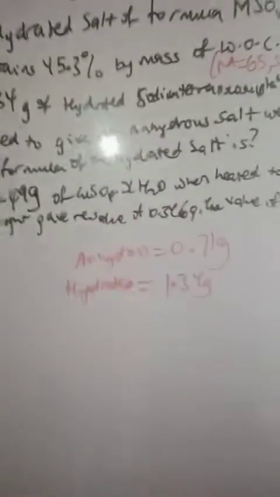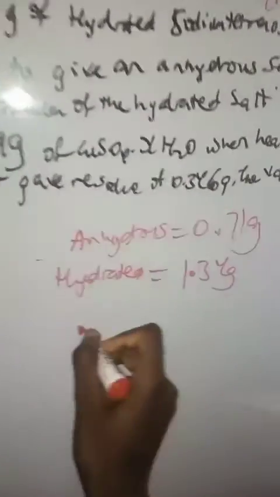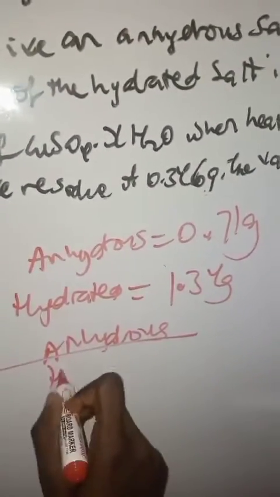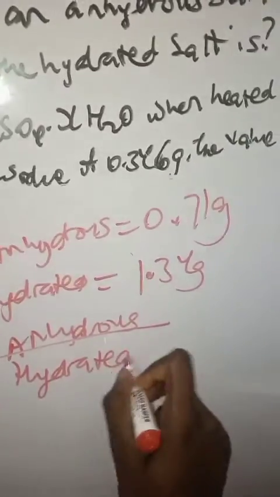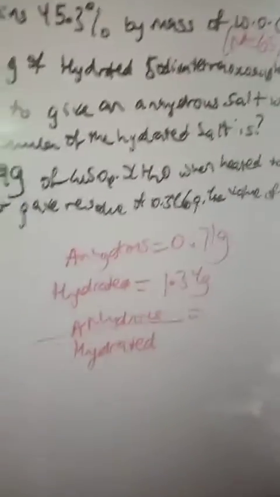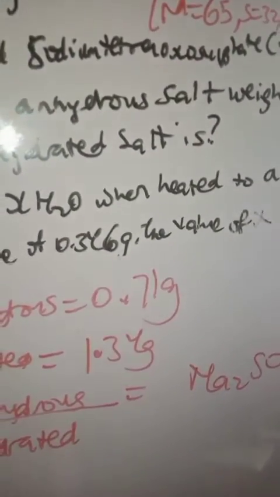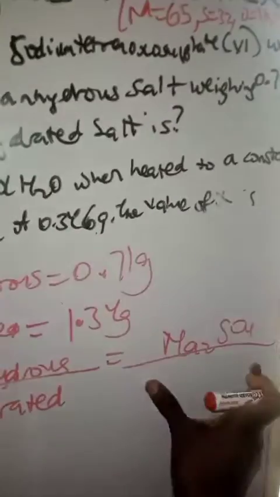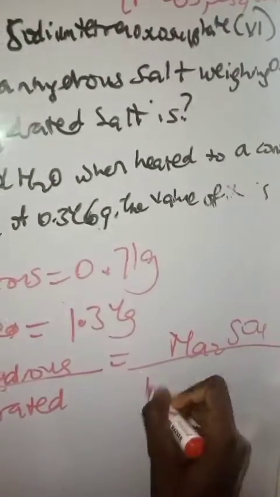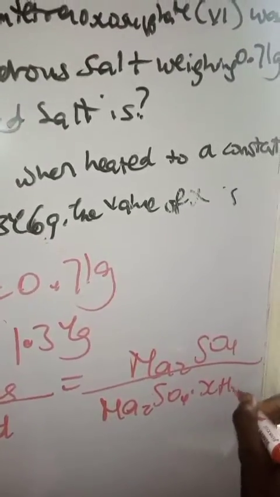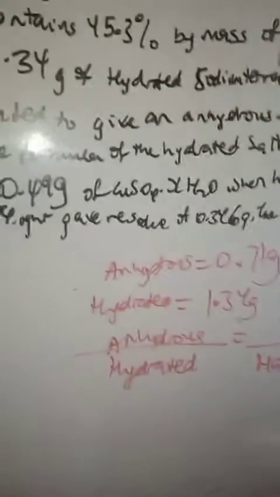So the formula of the hydrated salt, just follow your formula: anhydrous over hydrated. What's the formula? Na2SO4, then we don't know the number of water of crystallization, so let's call it x: Na2SO4.xH2O.